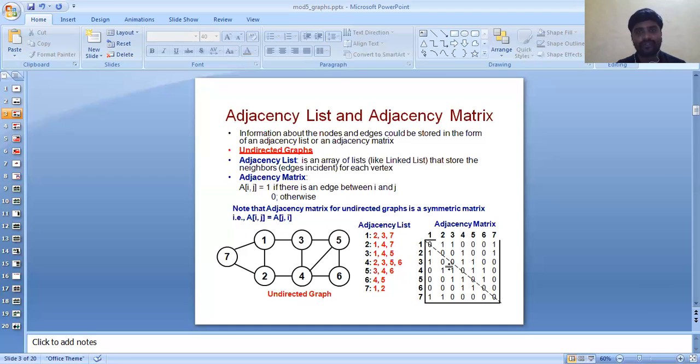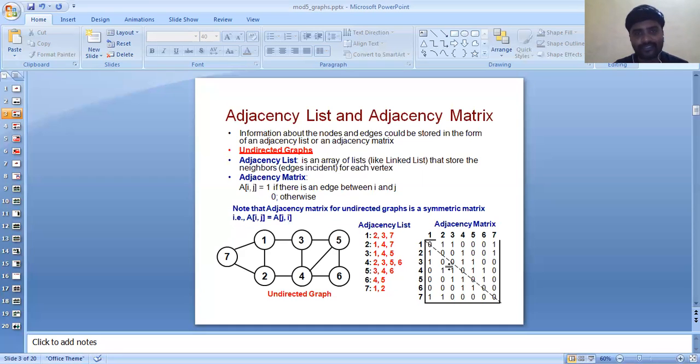Information about the nodes and edges can be stored in the form of an adjacency list or an adjacency matrix. For undirected graphs, we can see here how the adjacency list and adjacency matrix work.